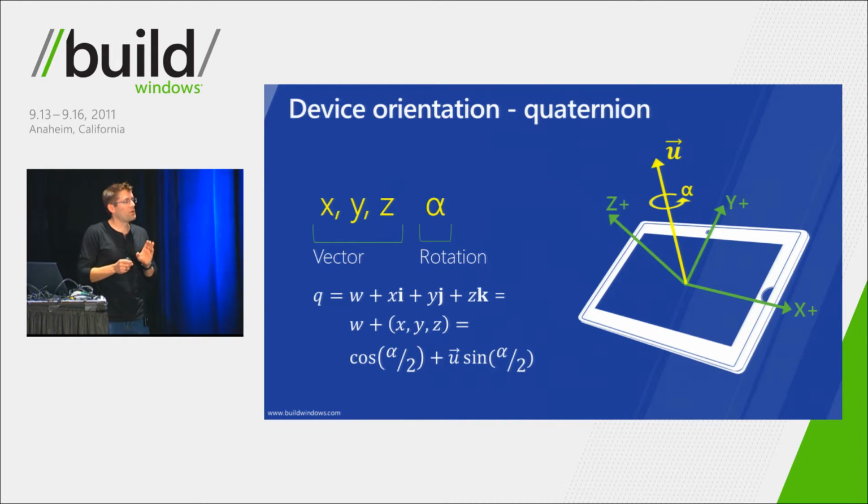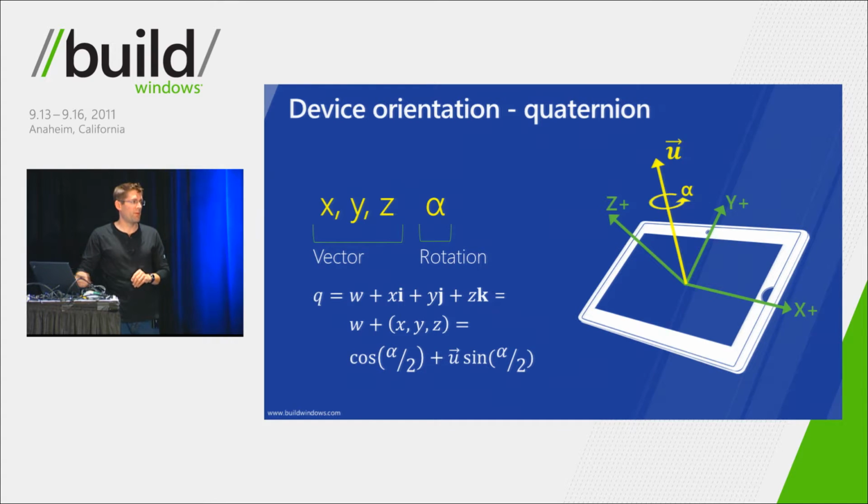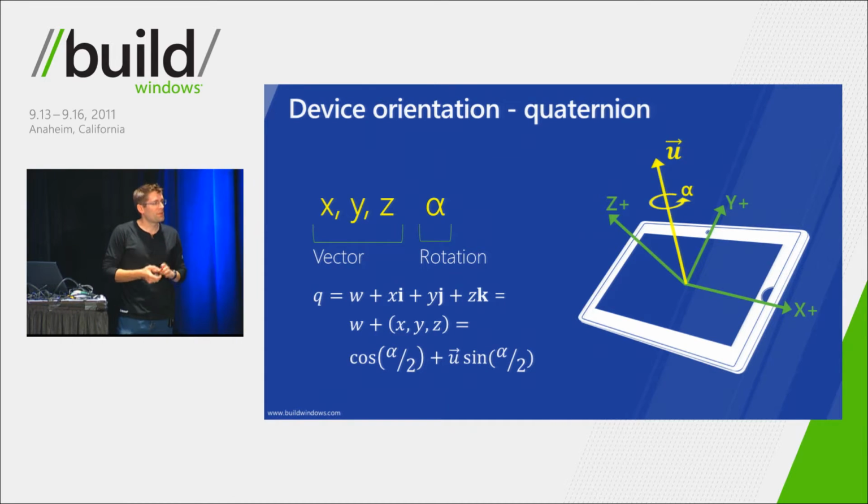So I want to talk real quick about this quaternion data that I demoed in the 3D sample. I talked about the fact that the inclinometer has some issues with multiple rotations. Well, with the quaternion data, the reason that it's able to overcome some of these issues is that under the covers there's a single rotation around a vector that's continuously calculated.